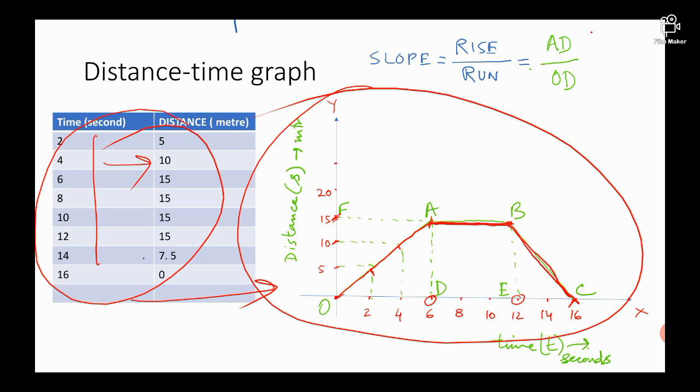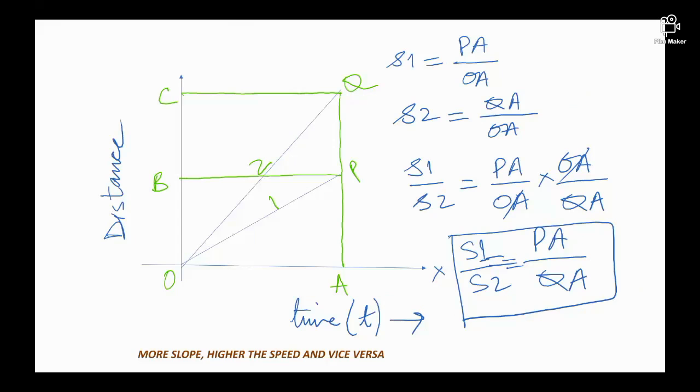Slope is calculated by dividing the rise by the run. Rise is the height and run is the base, so AD divided by OD, or alternatively perpendicular divided by base.